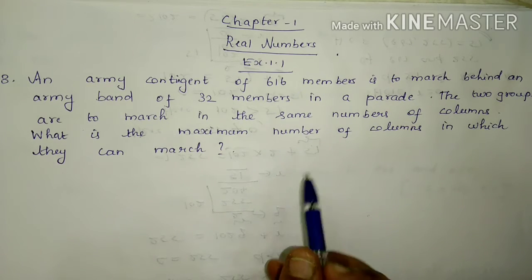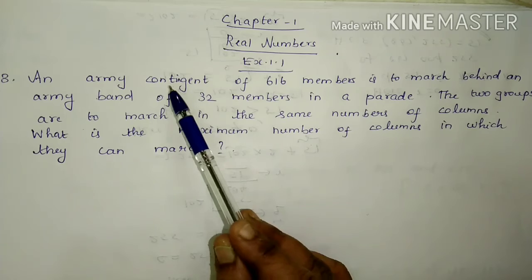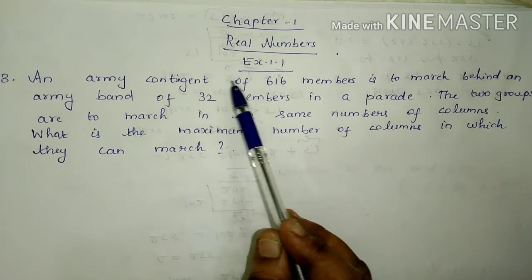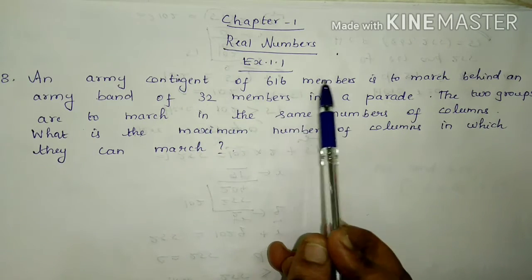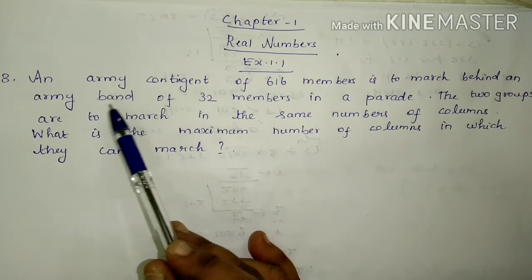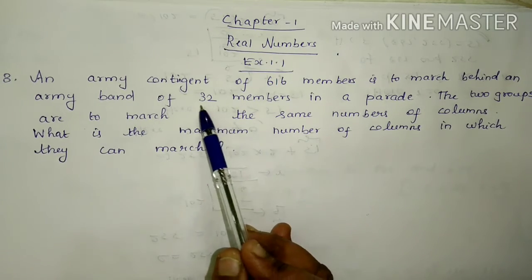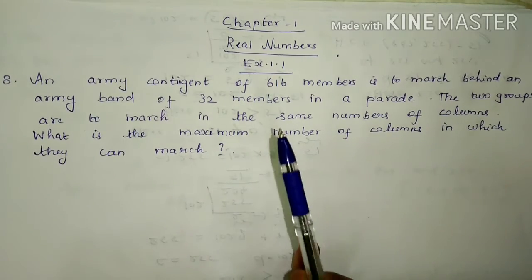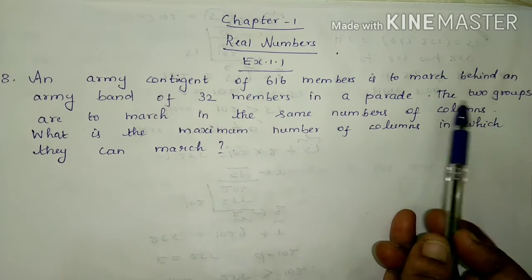So in this problem we are given two groups: one is an army contingent which consists of 616 members, and the other is an army band which consists of 32 members. Here they are given one condition.